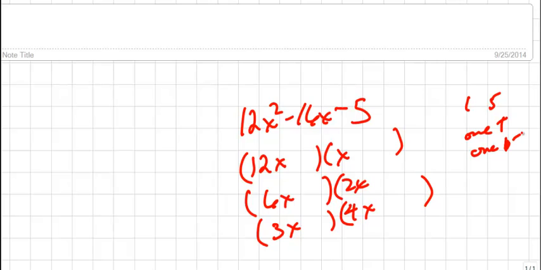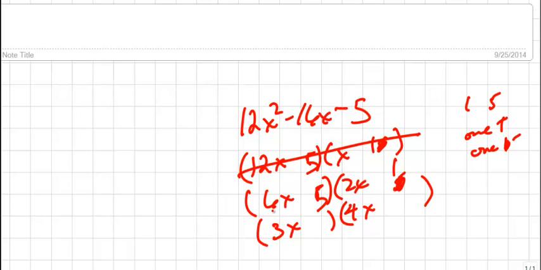Okay, so we just have to start trying these. I put a 1 here and a 5 here. That's 60 and 1. That's not going to subtract and get 16. Put the 5 here and the 1 here. That's going to be 5 and 12. It's close, but not quite 16, so that doesn't work. Try the 1 here and the 5 here. That's 2 and 30. That doesn't work. 5 here and 1 here.